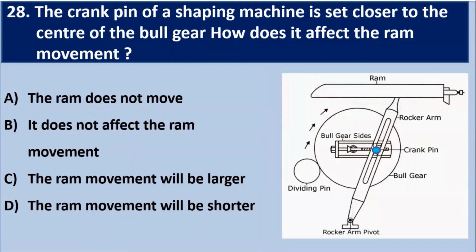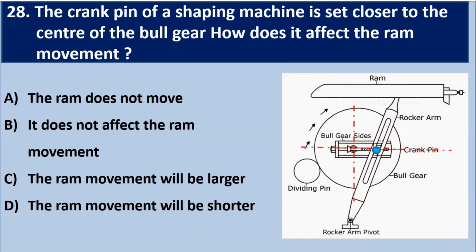Next is, the crank pin of a shaping machine is set closer to the center of the bull gear. How does it affect the ram movement? So in this case, I will show you, this is the center line of the bull gear. If the crank pin is very close to the center axis of the bull gear, at that time the ram movement will be shorter.